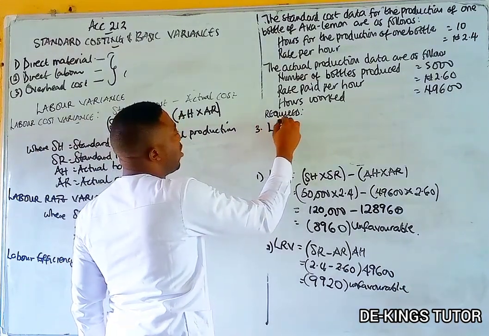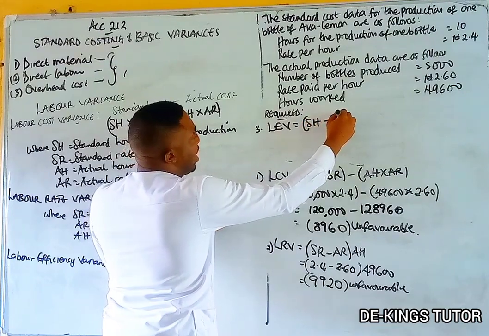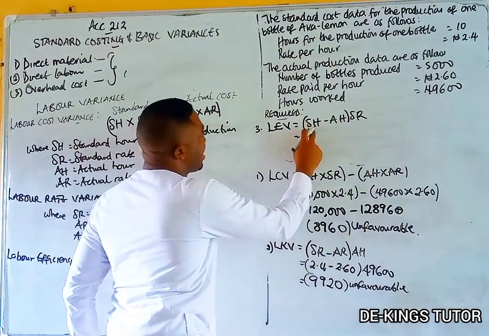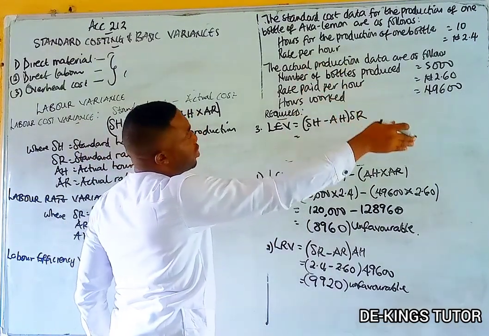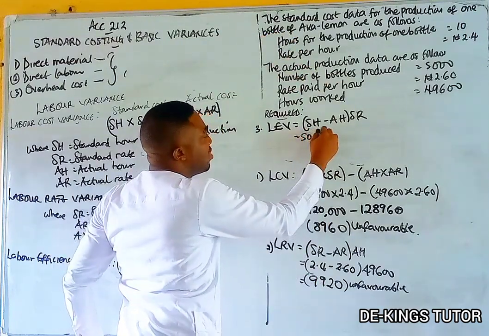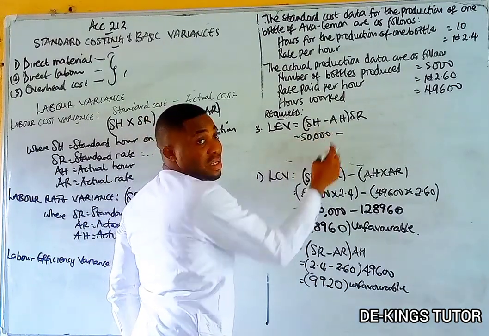Then the last one is what? The third one is labor efficiency variance. So it will be standard hour minus actual hour times standard rate. So our standard hour will be of what? Actual production, right? So now it's 10 times 5,000. So hope you know how we are getting this.